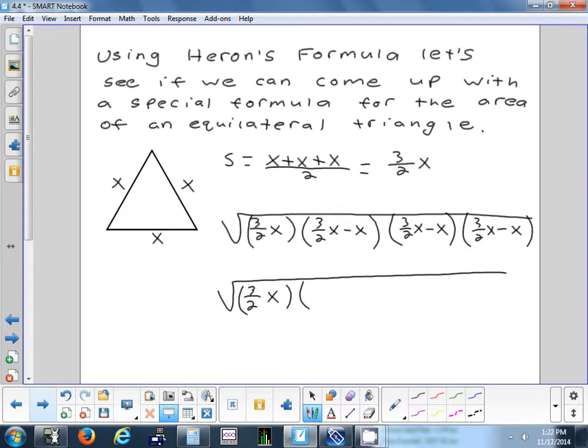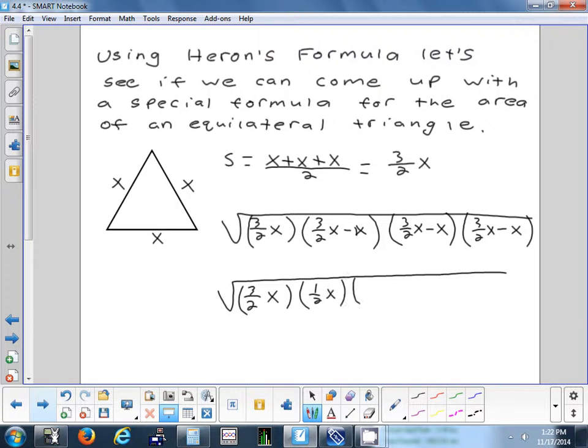What's 3/2, or think of it as 1.5x, take away 1x? A half. Right? Pretend there's a 1 here. 1.5, take away 1, leaves you with 0.5 each time. Any question why 3/2 minus 1 is 0.5 or a half? Okay, so you get 1/2 x.